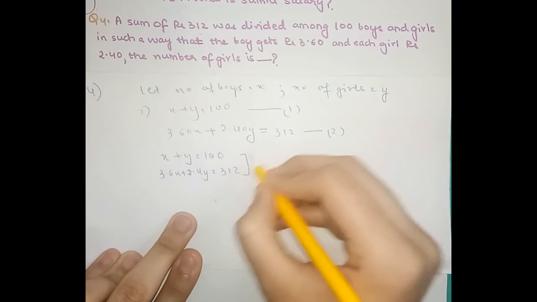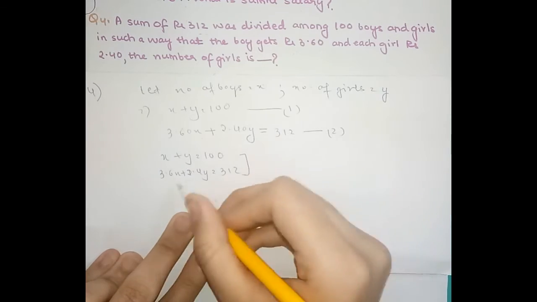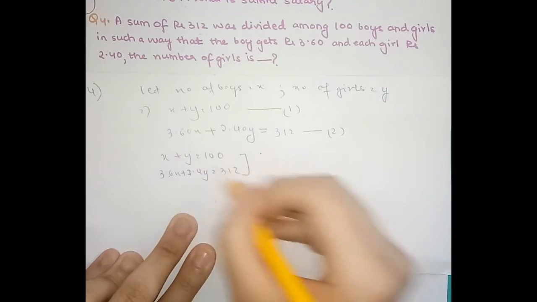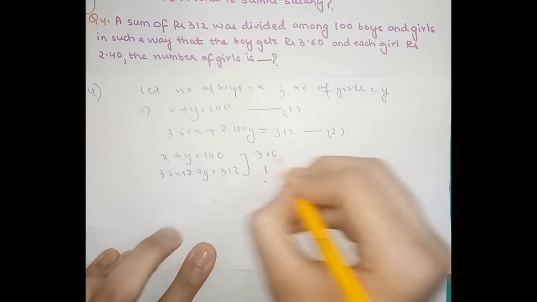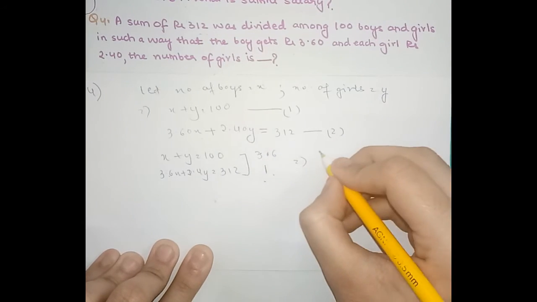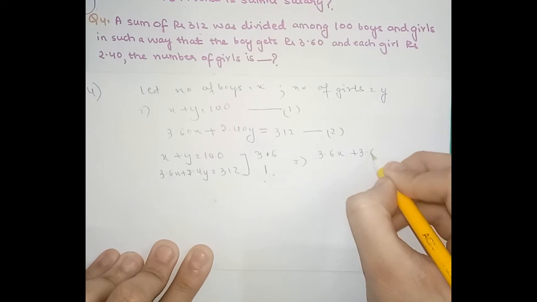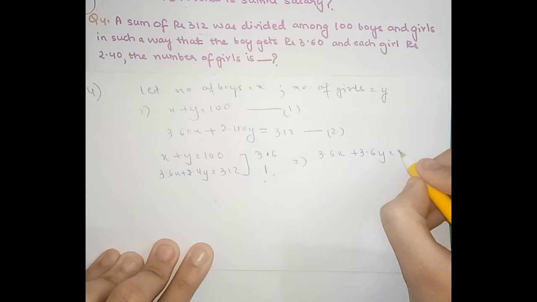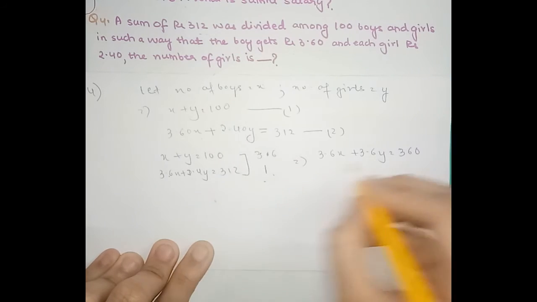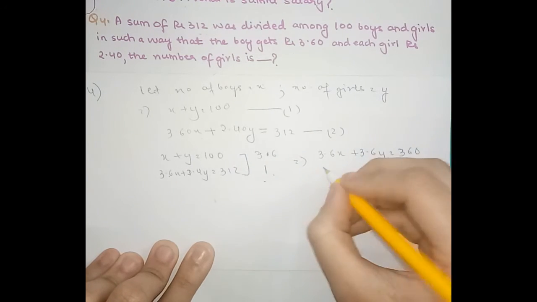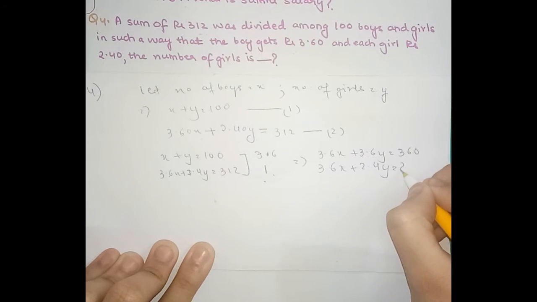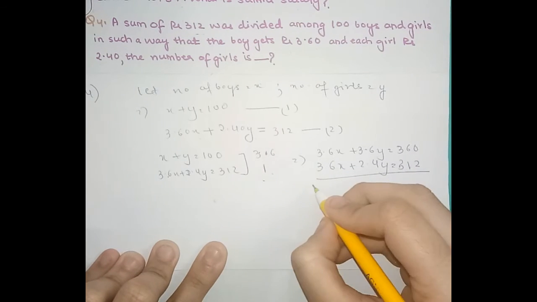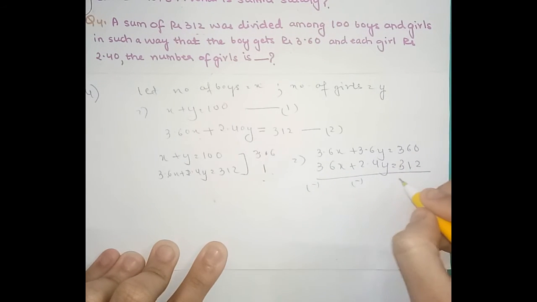I'll multiply the first equation by 3.6, so you will get 3.6x plus 3.6y is equal to 360. The second equation is 3.6x plus 2.4y, which is equal to 312. If we subtract, the x terms cancel.